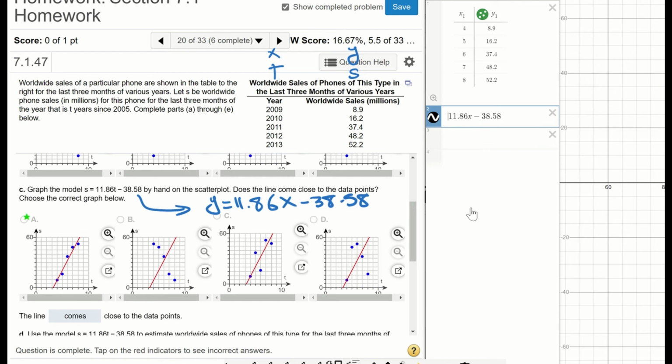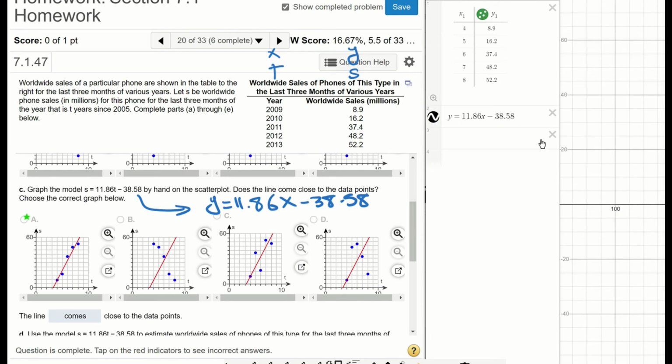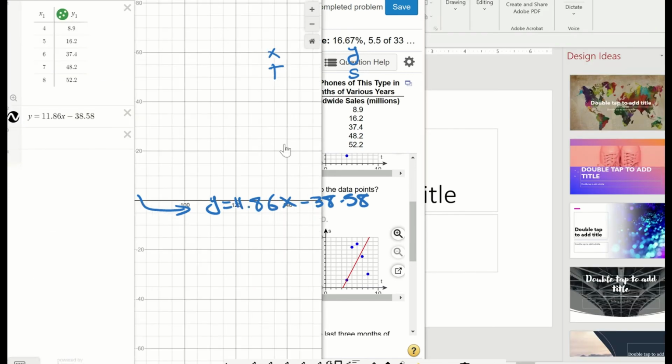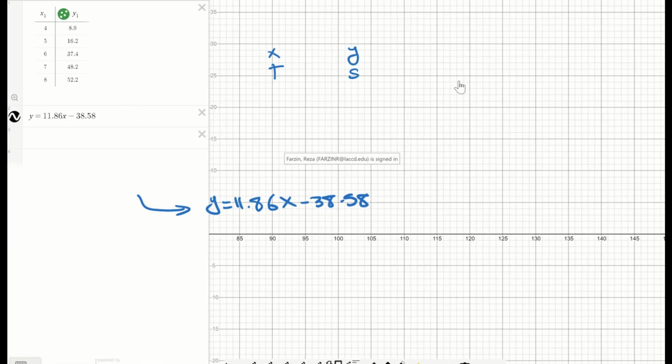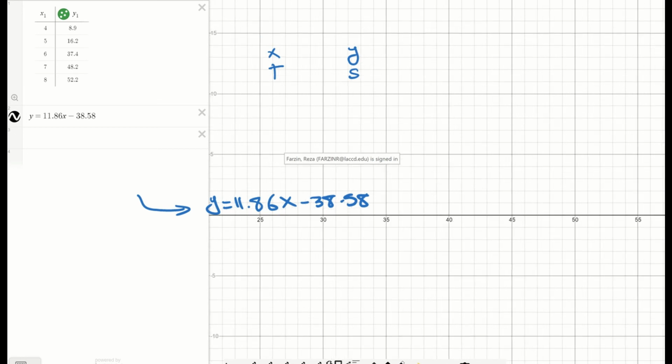And Y equals. Okay, so now let me make that larger. Okay, so, and let me hit home here.